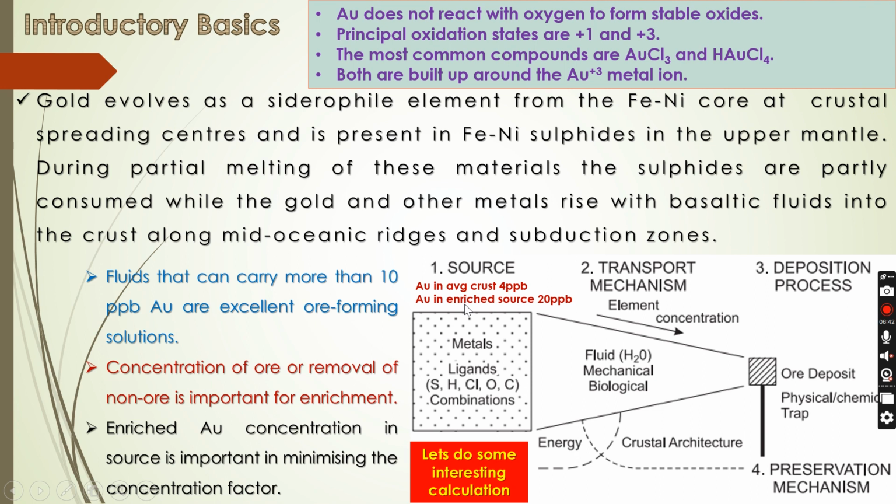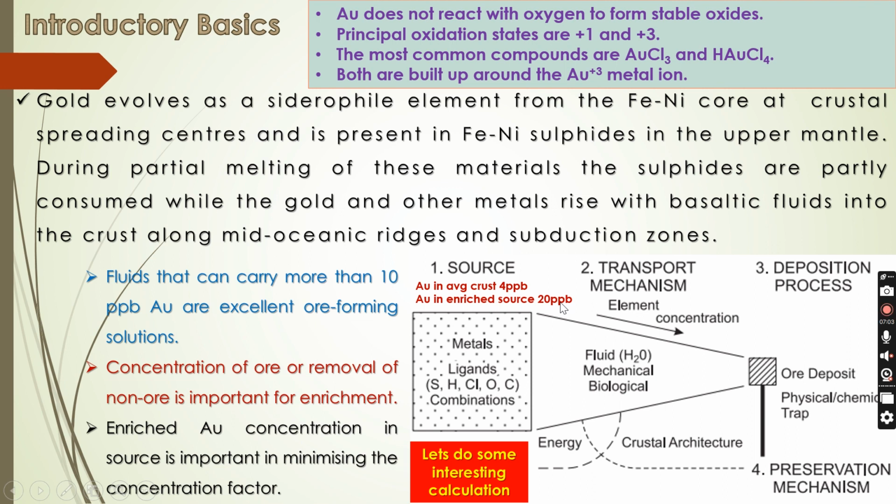See, this is an important fundamental diagram where, in number one, the source is there. Source gold in average crust, we must be knowing, is 4 ppb, and gold in an enriched source is up to 20 ppb.